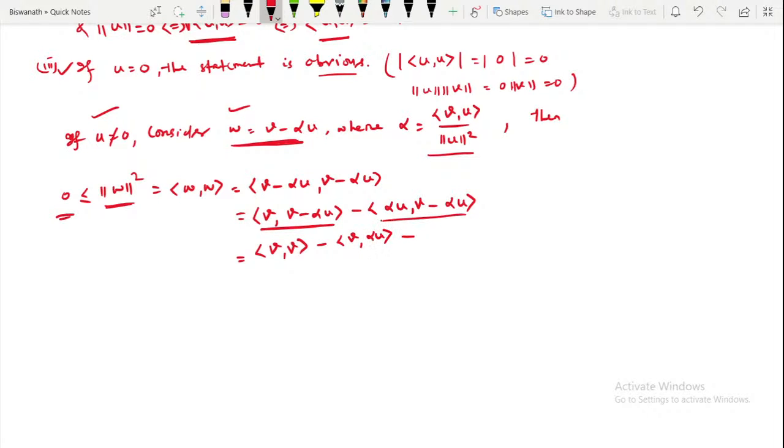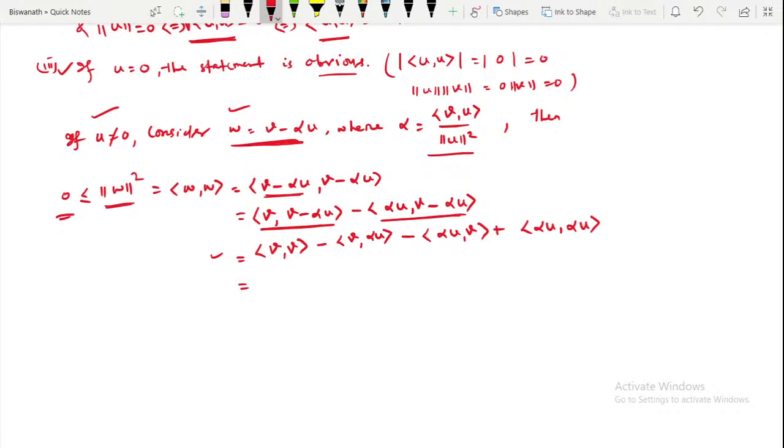For these two terms, first I applied the distribution from the left, and in this line I am applying distribution from the right. So this will be alpha u comma v, then minus, and here is another minus, so this will be plus alpha u comma alpha u. Okay, these are all the distribution properties.